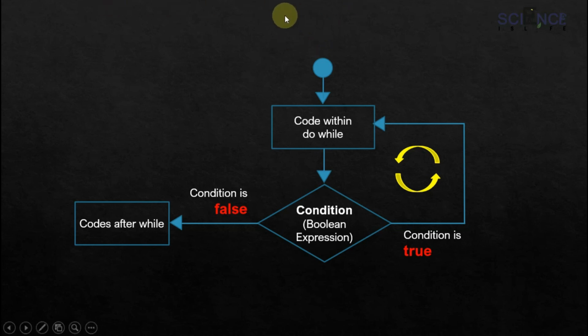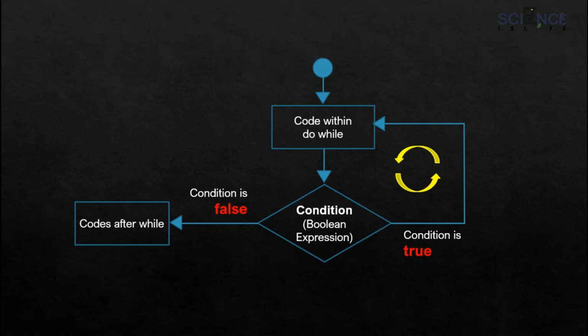After executing all the code before the do while, the compiler will reach the do while loop. When the compiler comes to do while, it will execute the things within do. It will execute everything within the do.